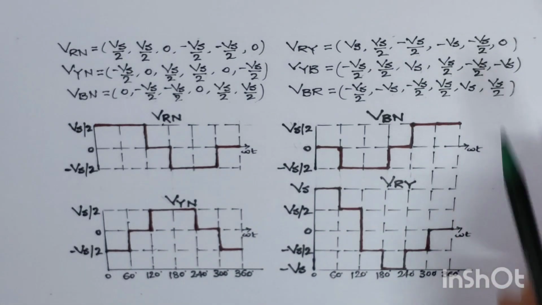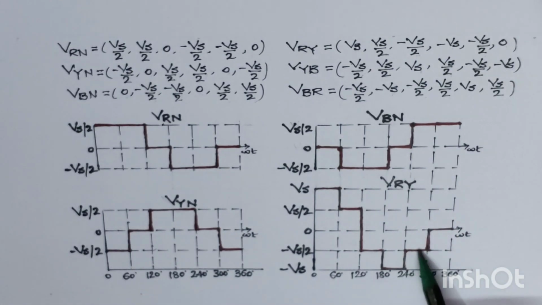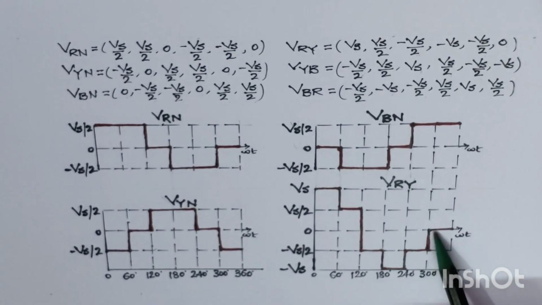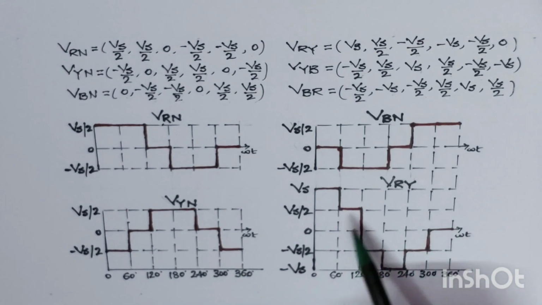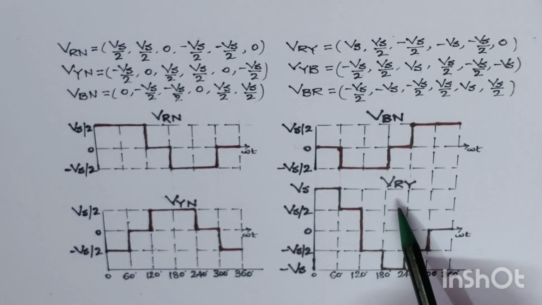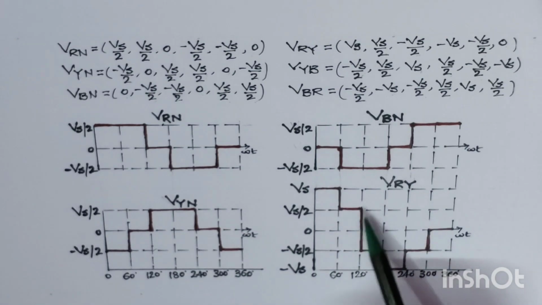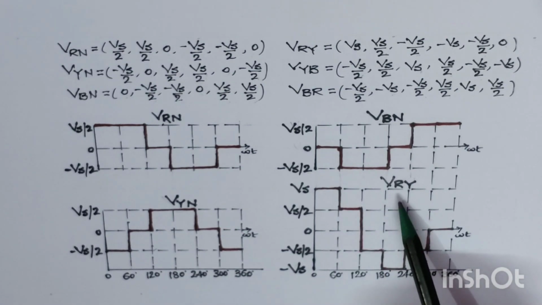Then we have minus Vs by 2 for a 60 degree interval. And finally we have 0 for the next 60 degree interval. So this is how we have plotted the line to line voltage between R phase and Y phase, that is VRY. This is the waveform for the line to line voltage VRY.